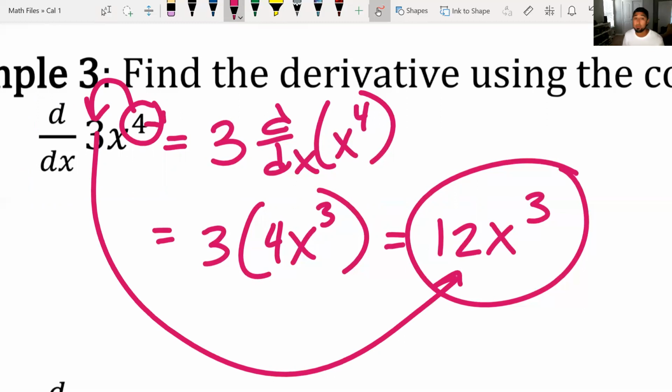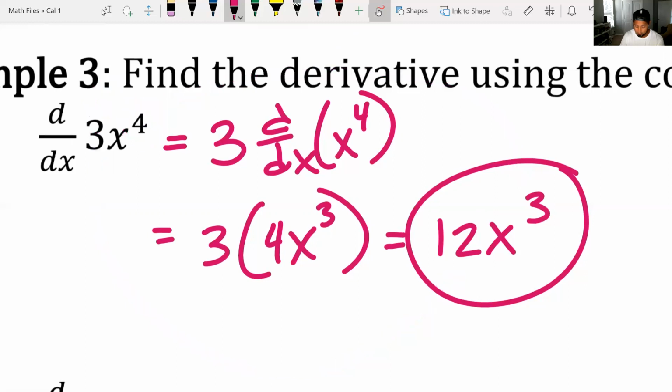Take 1 away from the 4, that gives us 3. We get 12x cubed without having to move that coefficient out. But the constant multiple property is there to let you know that you can move things around if you need to. Do we have to use it? No, not anymore. Now that you know the secret, okay? So, keep going.